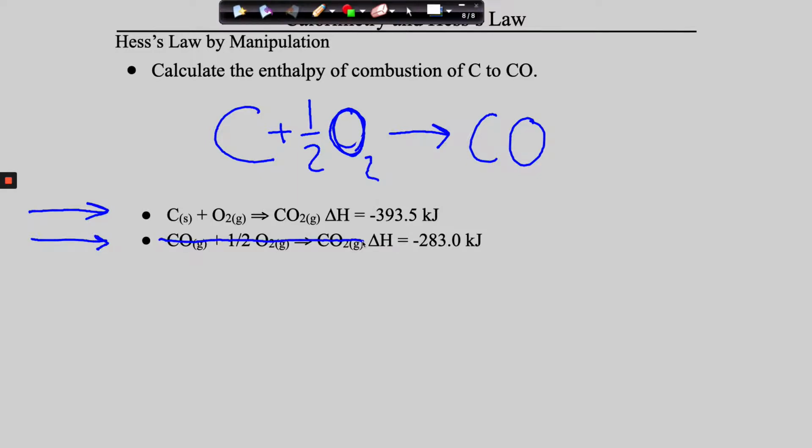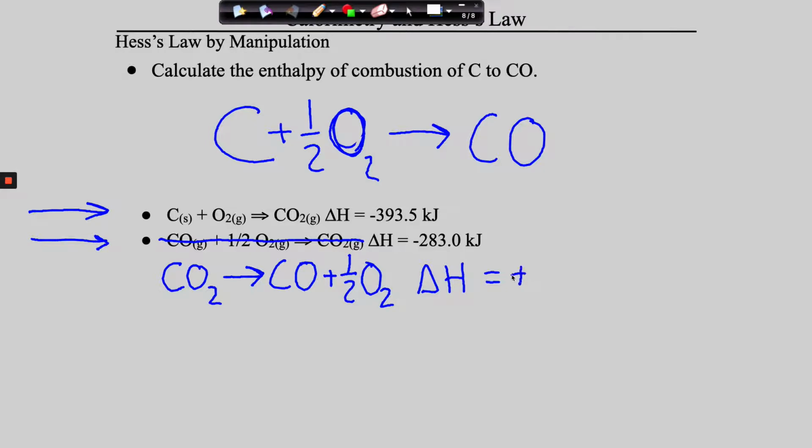So we go CO2 breaks down into CO and 1/2 O2. But now, guys, we've got to keep going. Delta H is now equal to what? Positive, right? Flipping the reaction makes this positive, 283.0 kilojoules.